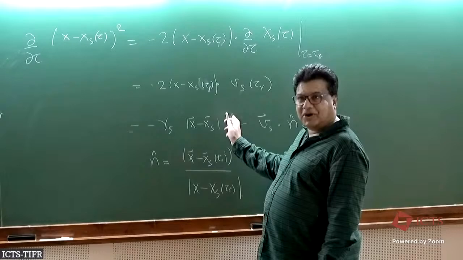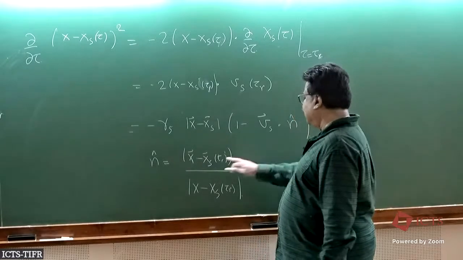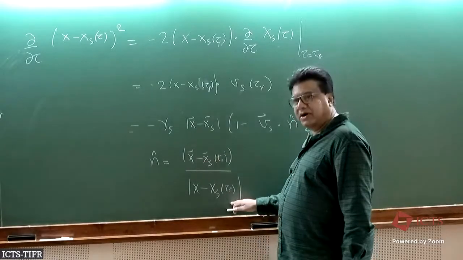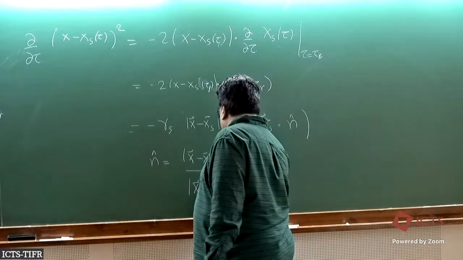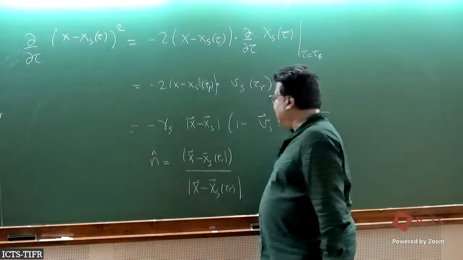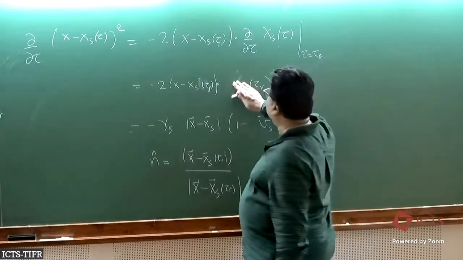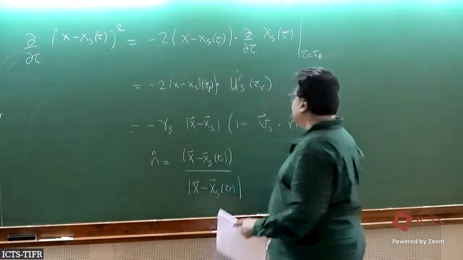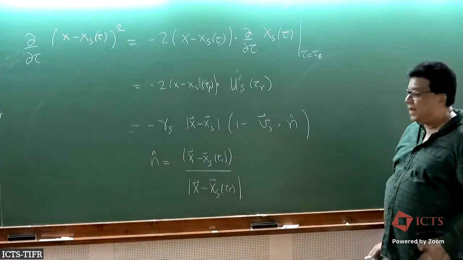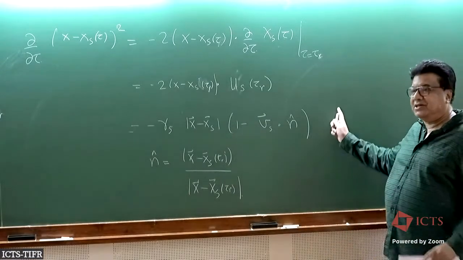When you take the mod out, this n comes out here because this is x divided by the mod, and the first term is 1, and this gamma came from this, I should write clearly as U^s, the 4 velocity. Is everybody clear on these steps?